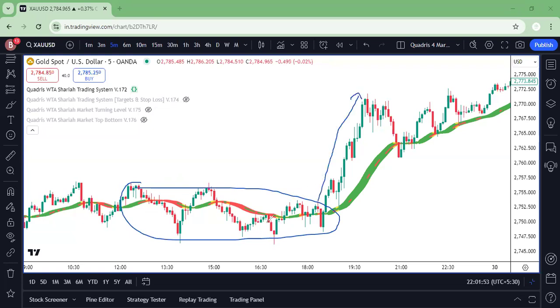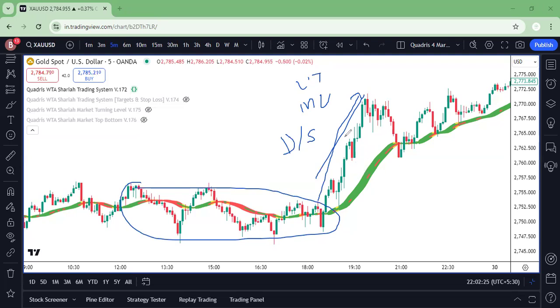If this is an accumulation zone and this is a markup zone, what Wyckoff has told us is that in a markup phase, which is normally referred to as an uptrend, demand would be greater than supply, right?